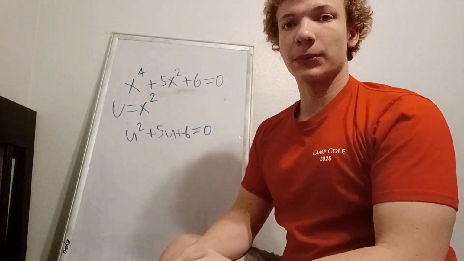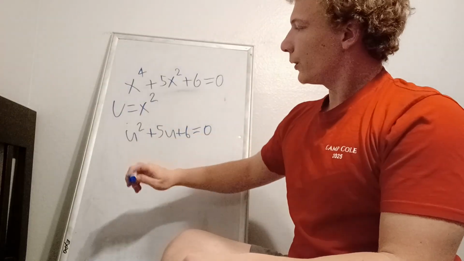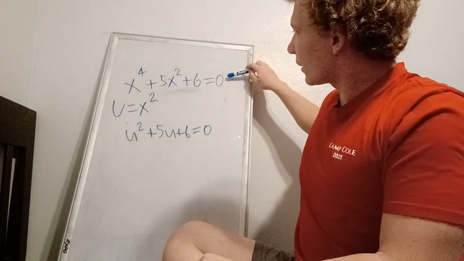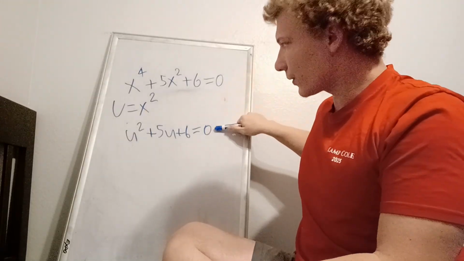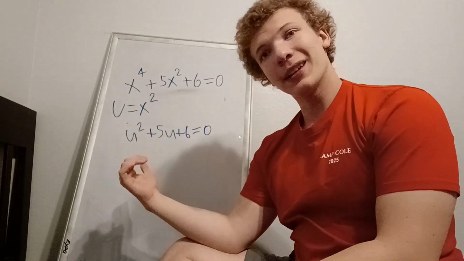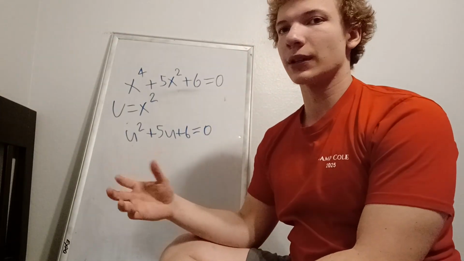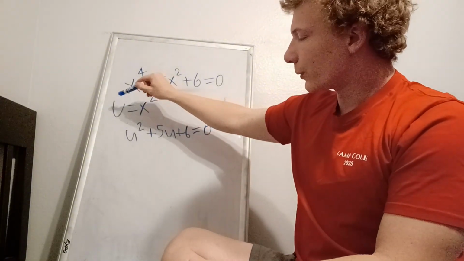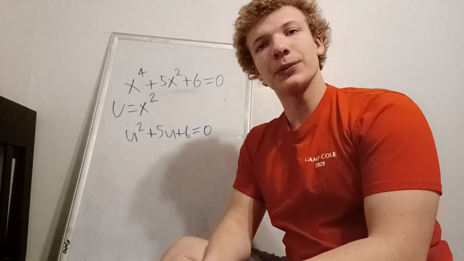We make a substitution. We'll let u equal x squared. Now this equation becomes u squared plus 5u plus 6 equals 0. Now that is a very nice quadratic. We can use factoring to find the values of u, and then plug those values of u into here to find the correct values of x.